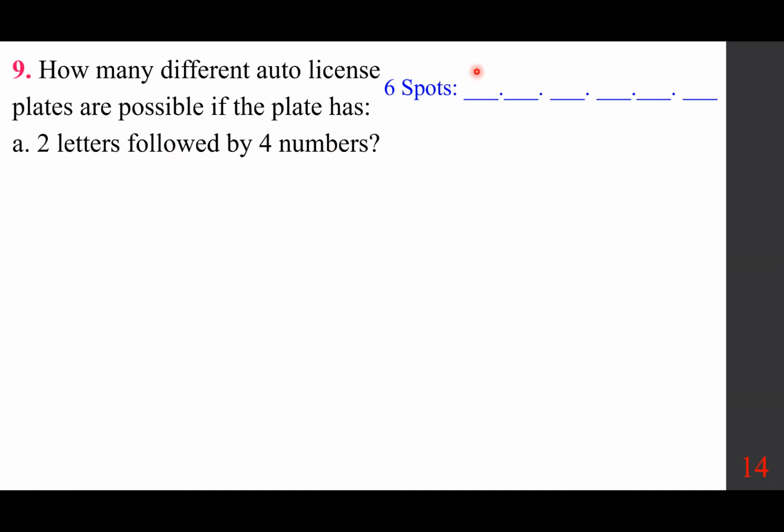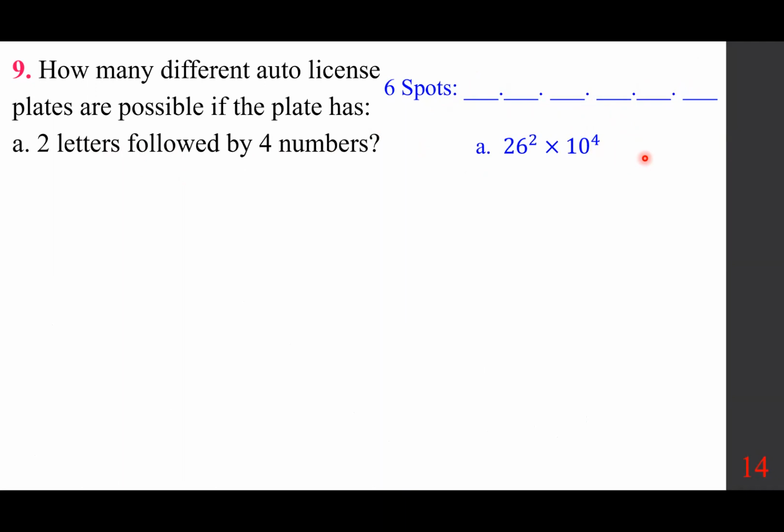This can be any letter, 26. This can be any letter because there are no restrictions. And then the next one is a number, 10, 10, 10, 10, because 0 to 9 is 10, by the way, right? 0 to 9, 10. That's why we call it decimal system. So 26 squared times 10 to the power of 4.